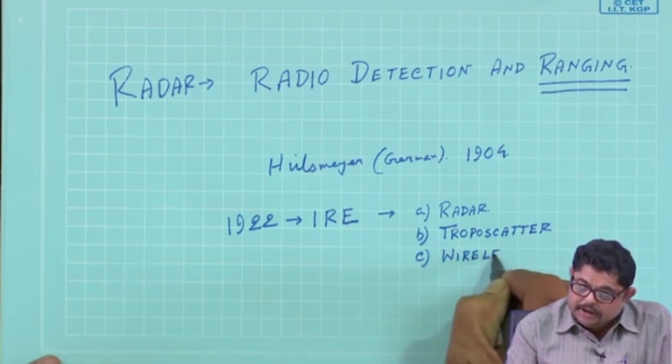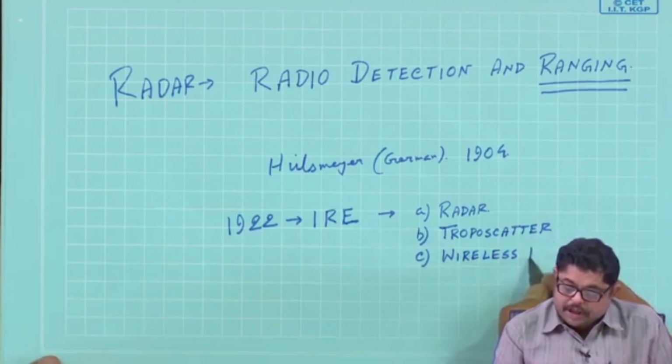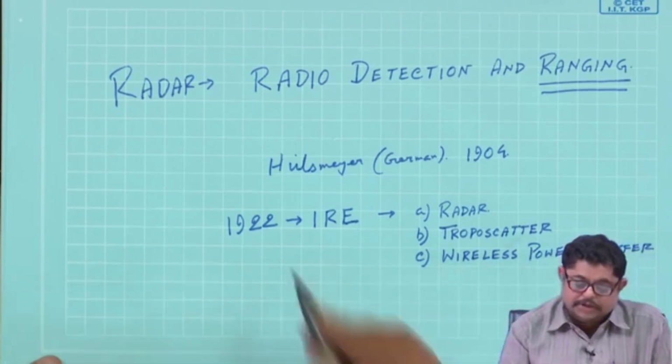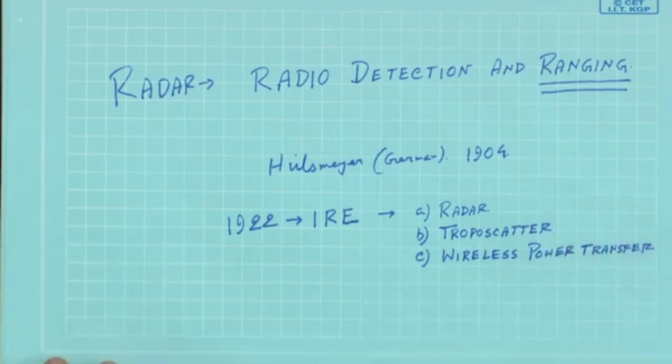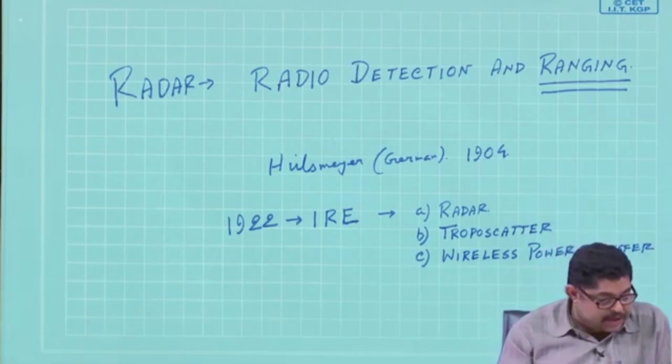All these three were quite revolutionary in concept, and the last one, wireless power transfer, people are still researching. So, you see the importance of Marconi was this speech where he addressed the radio engineers and said that these are the fields which are very important, you concentrate on that.